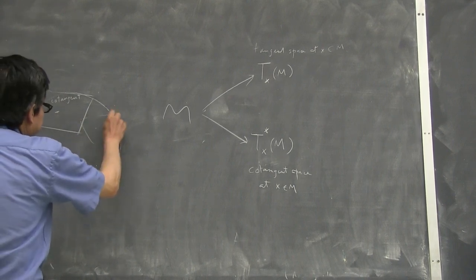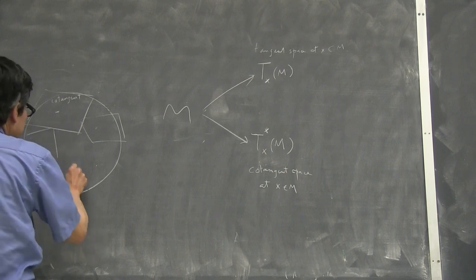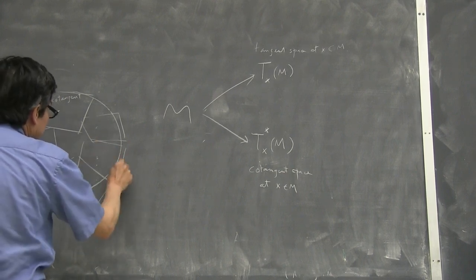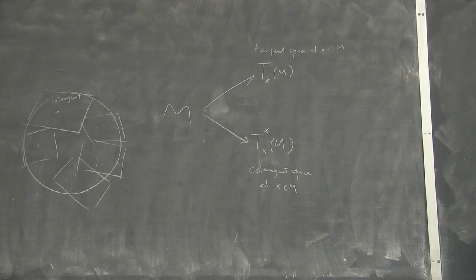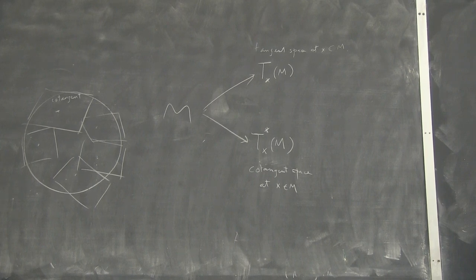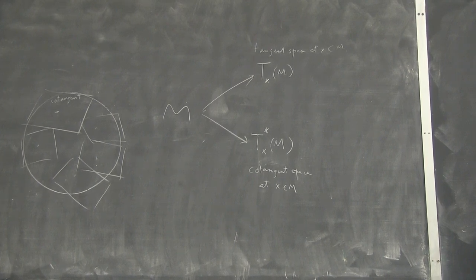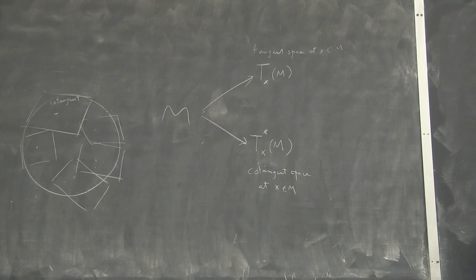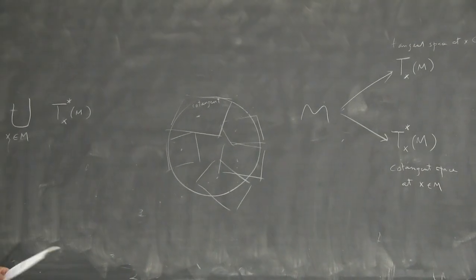So you think of putting together all the different cotangent spaces, one at every point in the manifold. This becomes a cotangent bundle, okay? I can think of the union over all the points in M, something like that, union over all the x's, okay?